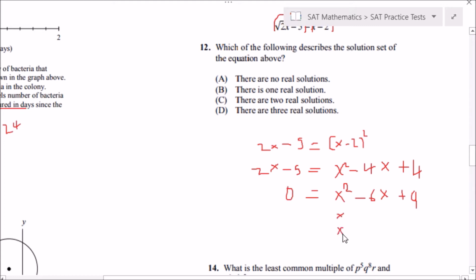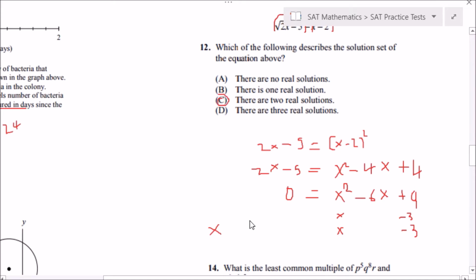So x and x, when you multiply those two, it gives you x squared. And now we have to find numbers where when we multiply, it's a positive 9, and when we add them it's negative 6x. So that should be negative 3 and negative 3. So as you can see, we will have 2 real solutions.